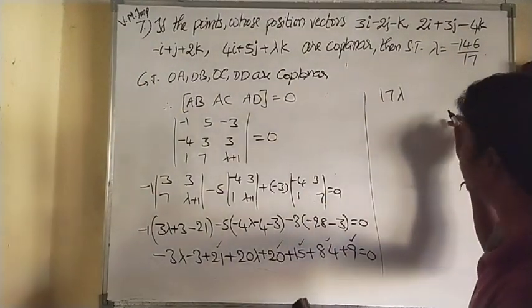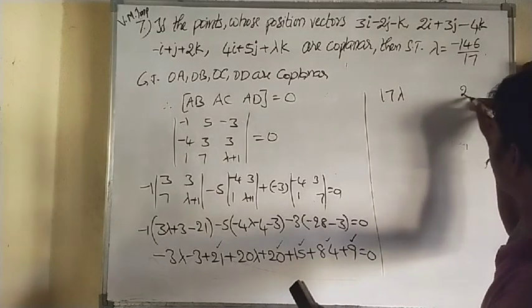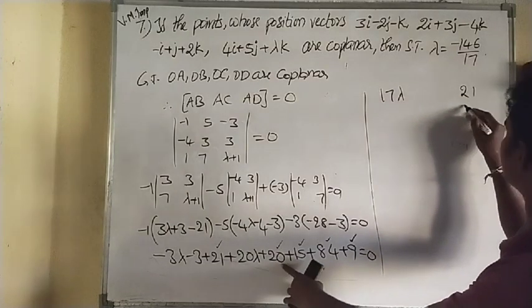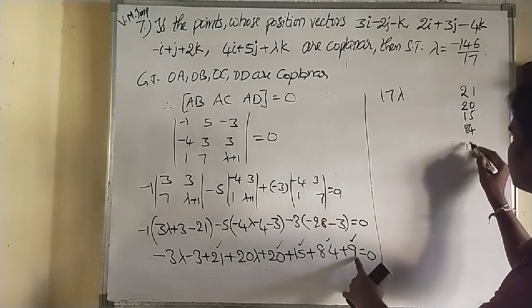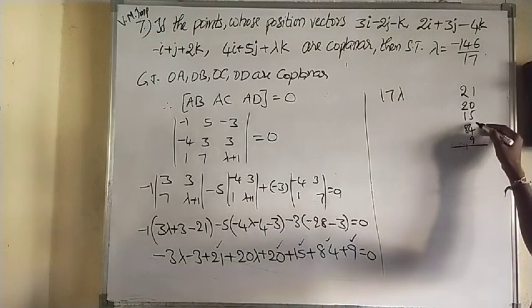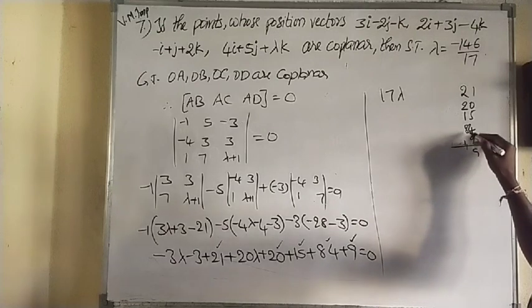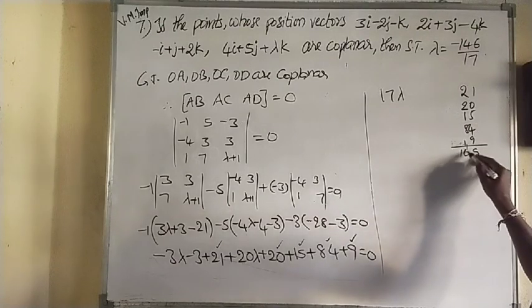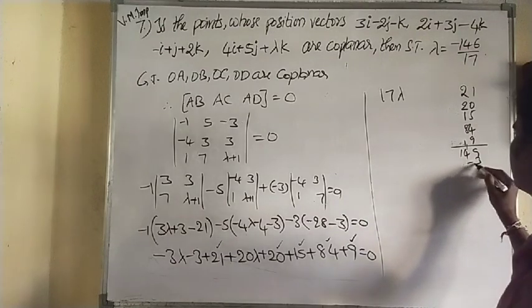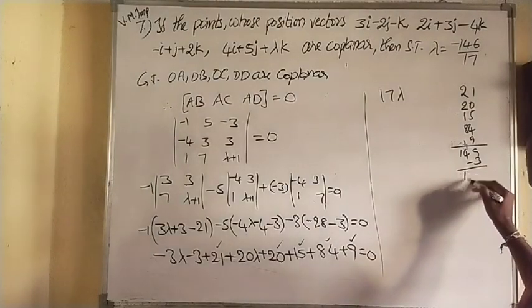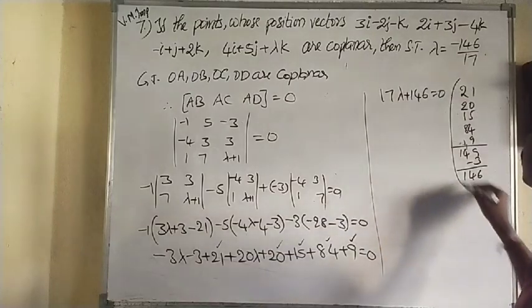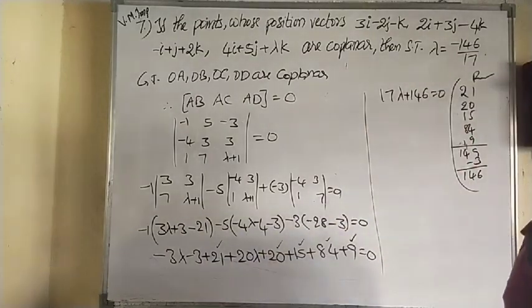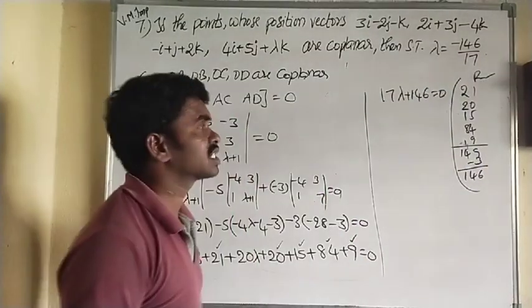Add these roughly: 21, next 20, next 15, next 84, next 9. The total is 149, and minus 3, so 146. Plus 146 is equal to 0. This is rough work. So we got 17 lambda plus 146 is equal to 0.